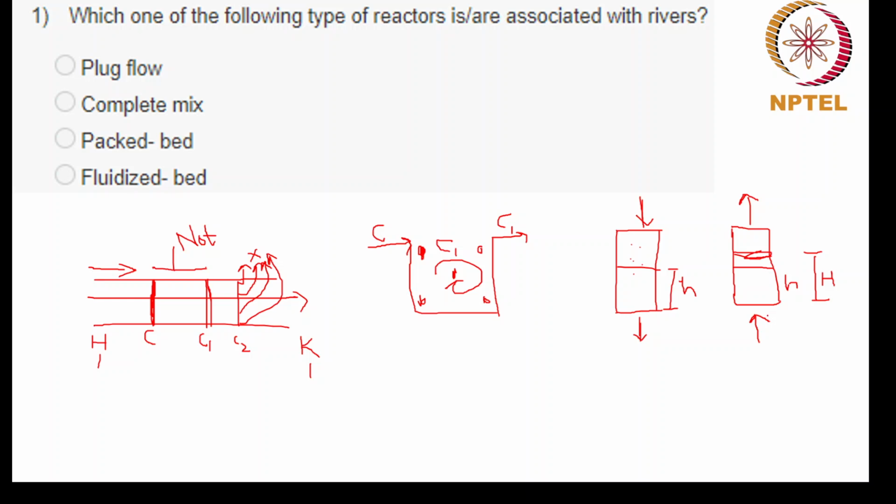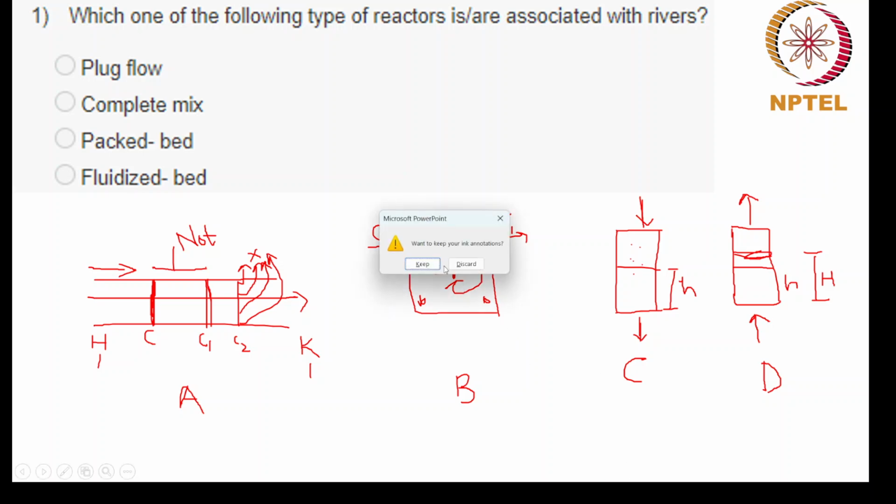Such kinds of beds are called fluidized beds. So this one is plug flow, this one is completely mixed, this one is packed bed, and this one is fluidized bed. All these four kinds of reactors are there.